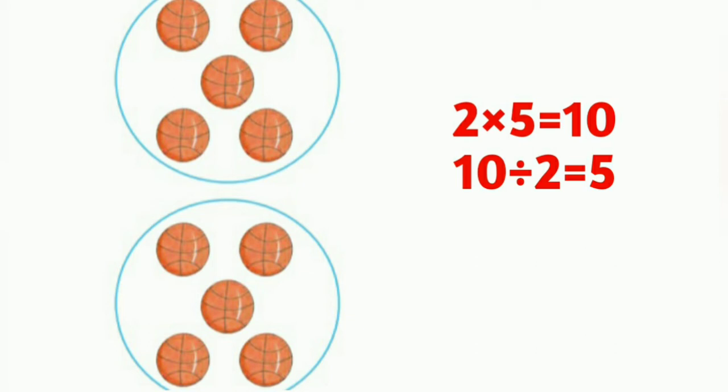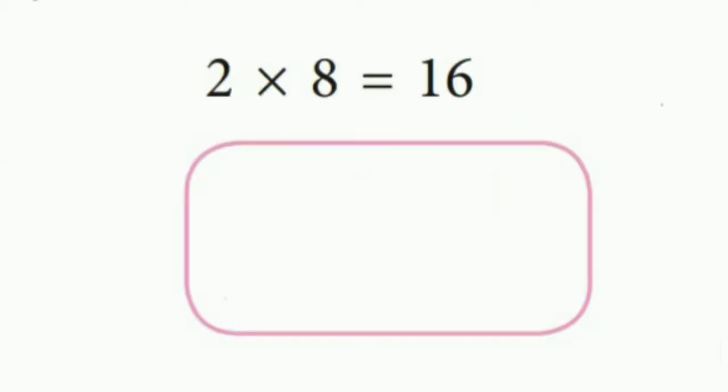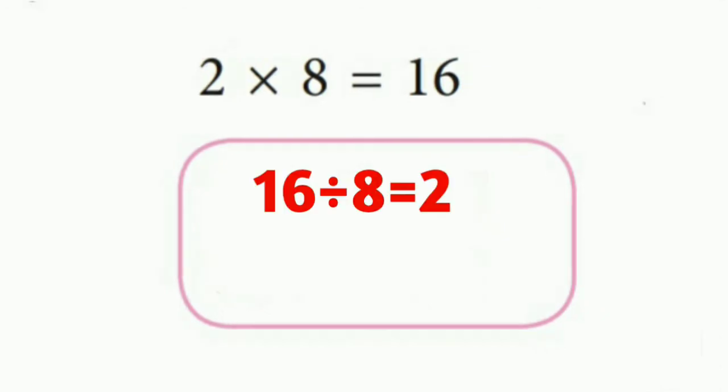Now let's move on to the next question. Here we have to write the division fact. The multiplication fact is given. We have to write 2 division facts for each. In this example, the multiplication fact is 2 8s are 16. So what will be its division fact?